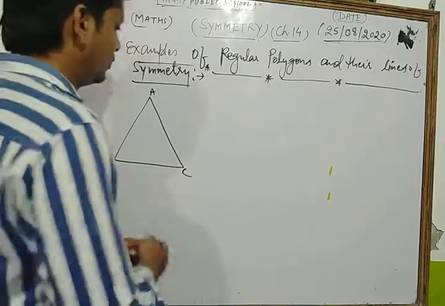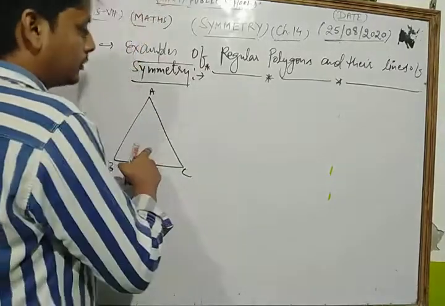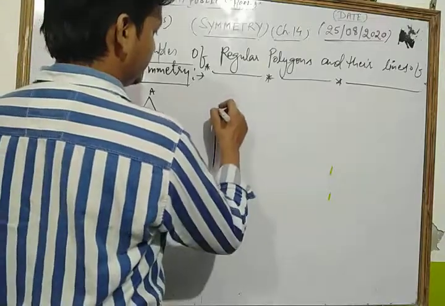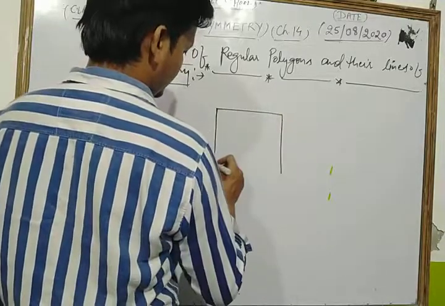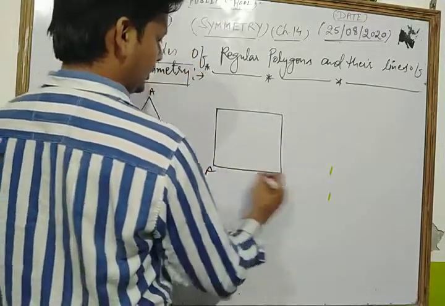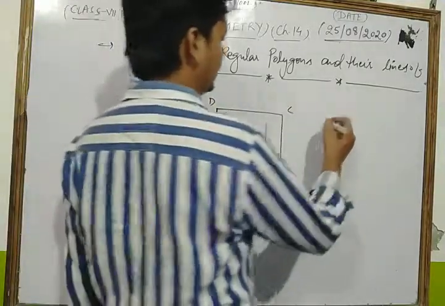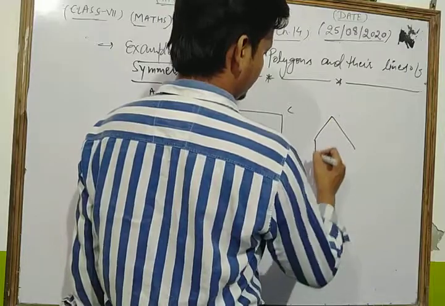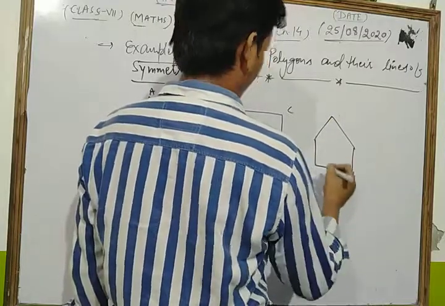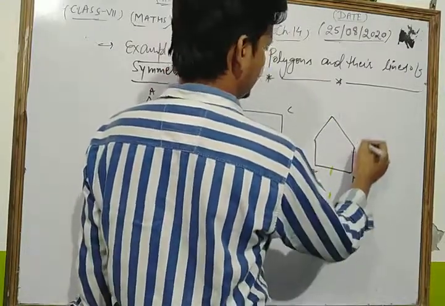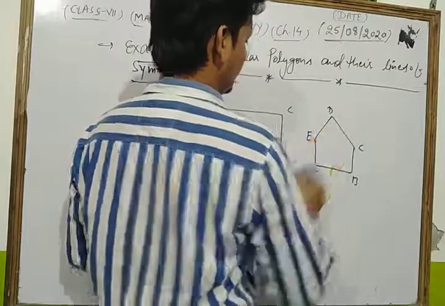First, it is also a regular polygon. Second example, we take a square ABCD. Third example is pentagon ABCDE.